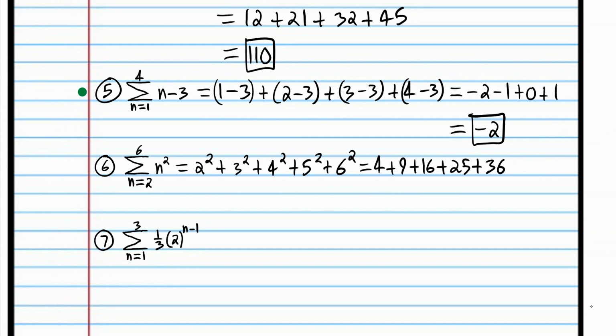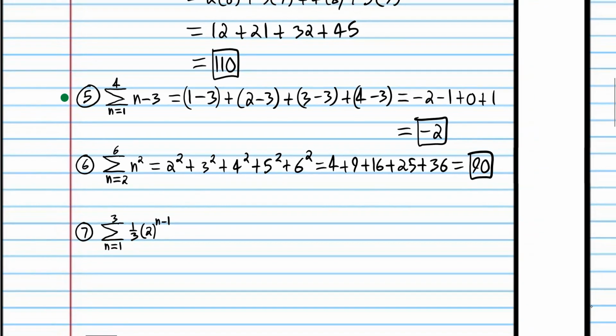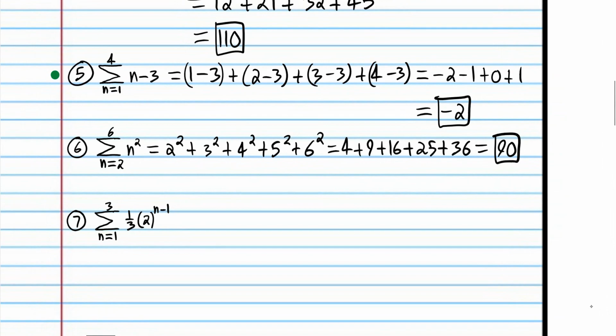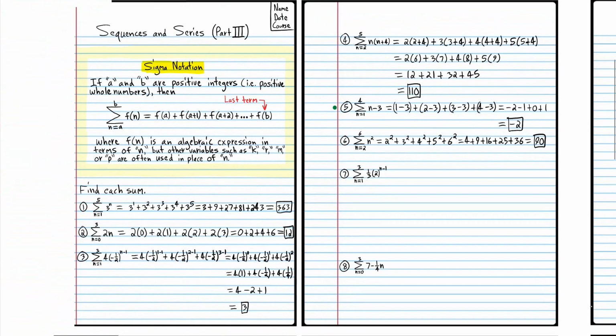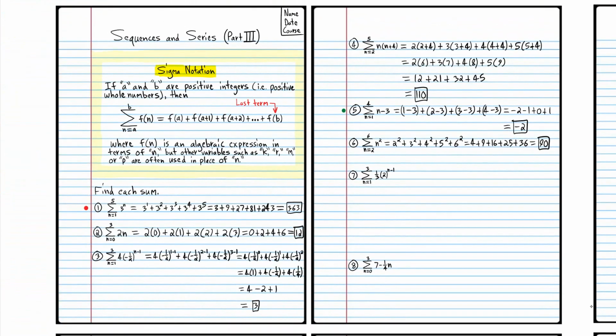So let's add those together. 4 plus 9 plus 16 plus 25 plus 36 is 90. So if you got 90, excellent. Go ahead and try number 7, and when you come back, we'll do it together.